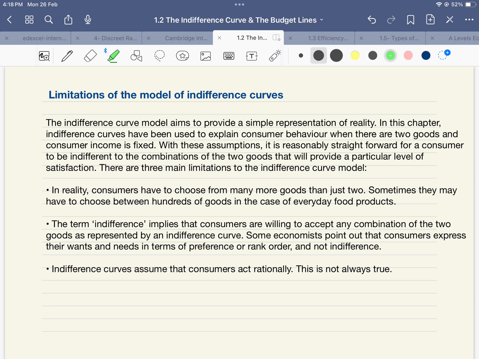Whereas in reality, some consumers express their needs and wants in terms of preferences or rank and order, not in terms of indifference. And the last limitation is that indifference curve assumes that the consumer is always rational, which is not entirely true. With this, we come to the end of this topic.